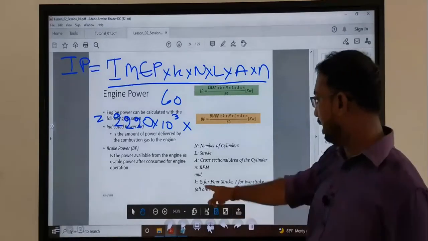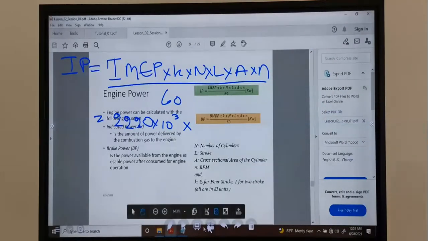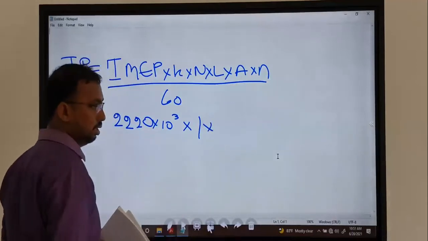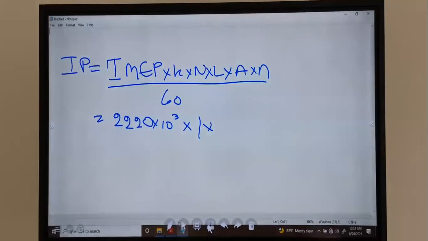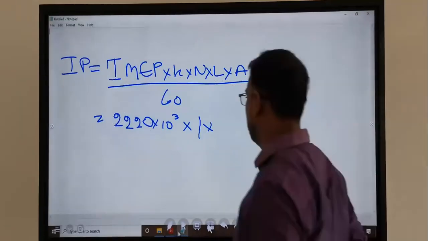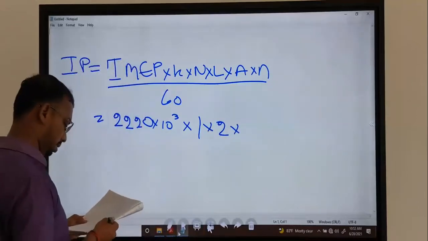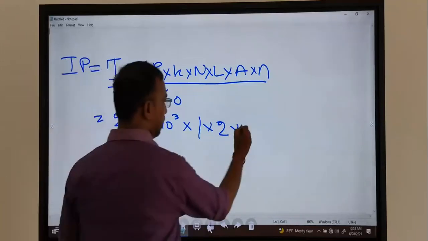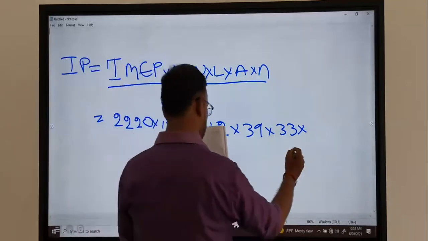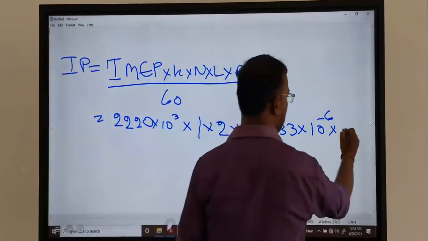Here you can see K equals half for 4-stroke and 1 for 2-stroke engine, so here we apply the value of 1 for K. The number of cylinders is 2. Then 39 into 33, the stroke and bore, and 10 to the power minus 6, and the RPM is 2000 RPM.